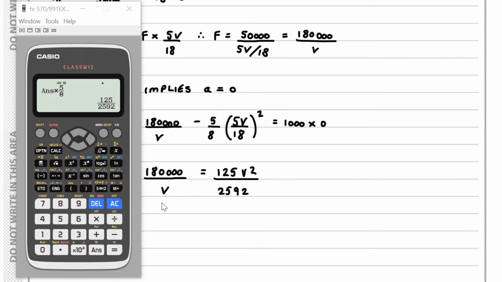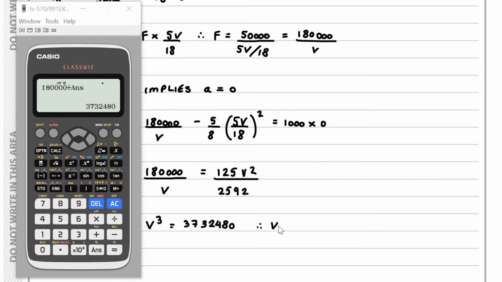Well, you can see here that v cubed will equal, if I times through by the v, we get the v squared times v, which is v cubed, and then here we've got 180,000 divided by this. So v cubed is equal to 3732480.